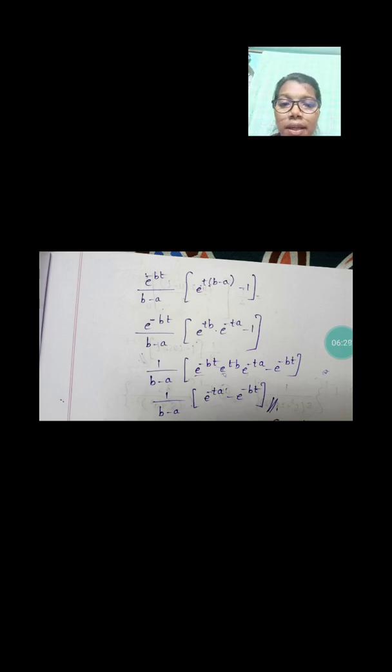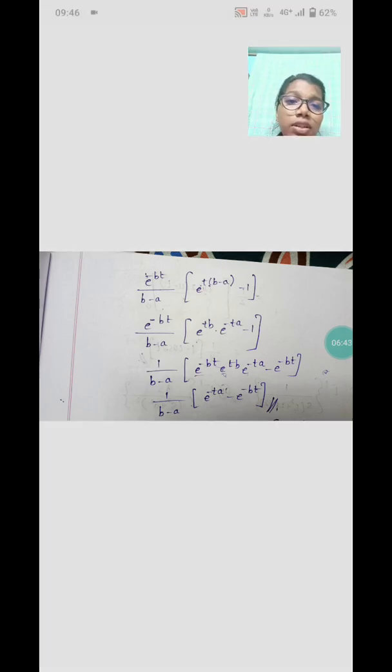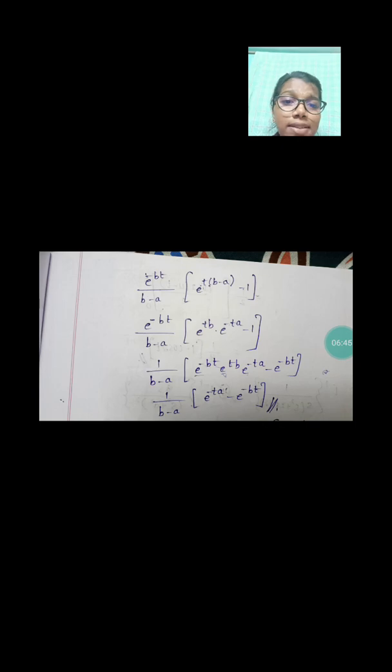We multiply e power minus bt another time, and e power minus bt and e power tb get cancelled, because the bases are equal and the powers add. E power minus bt plus tb is e power 0 equal to 1, and 1 into e power minus ta equals e power minus ta. Finally we get the answer: 1 by b minus a into (e power minus at minus e power minus bt).